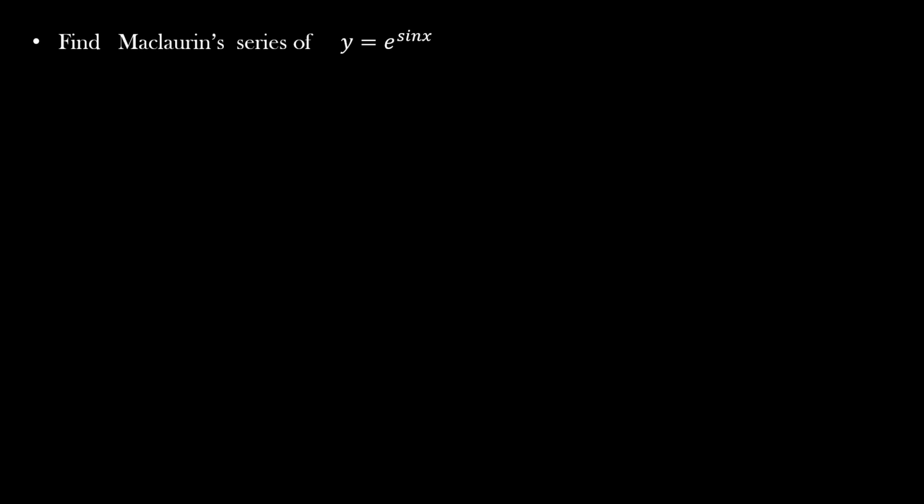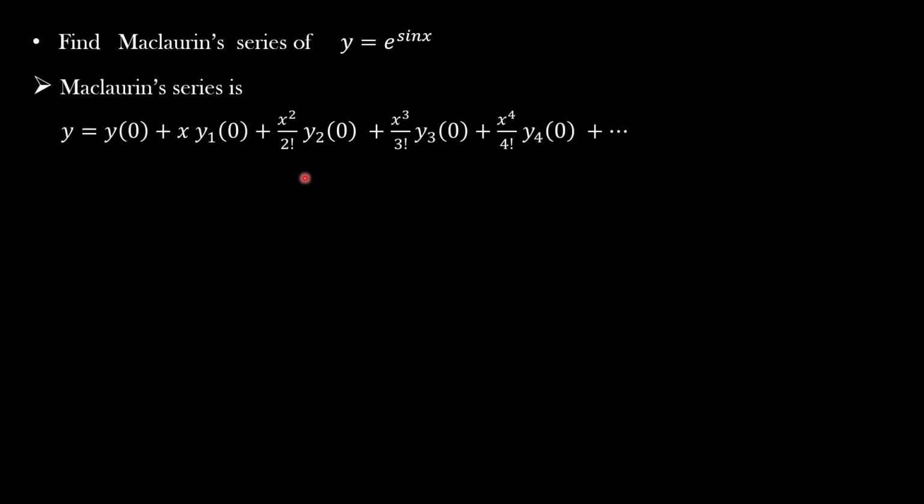Next problem. Find Maclaurin series of e power sin x. Since y is equal to e power sin x implies y of 0 is equal to e power sin 0. Sin 0 is 0, that is e power 0, which is equal to 1. y1 is equal to derivative of e power sin x, which is e power sin x into derivative of sin x, which is cos x.